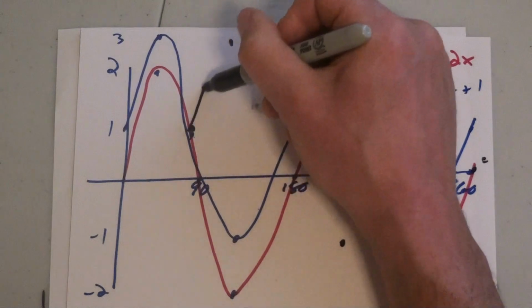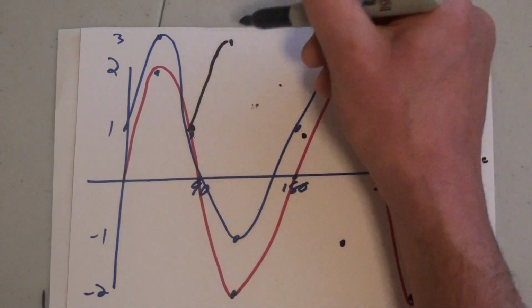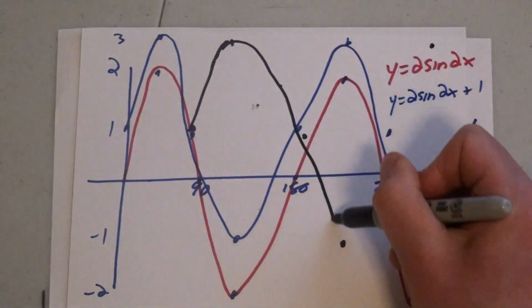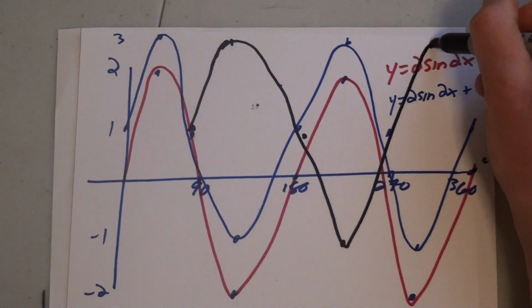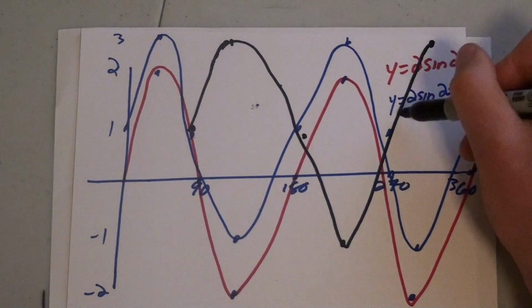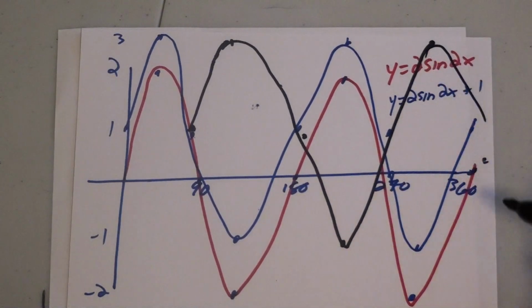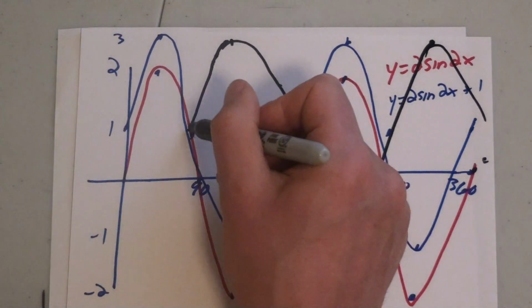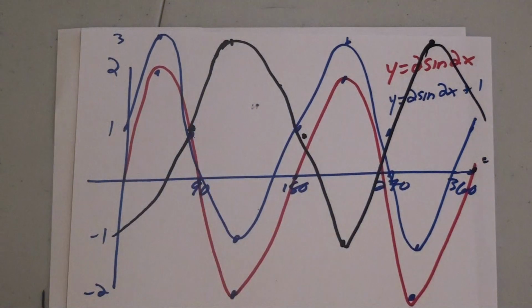It should look something like this. And then you can extend it where it would be back.